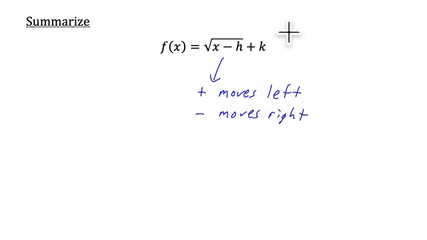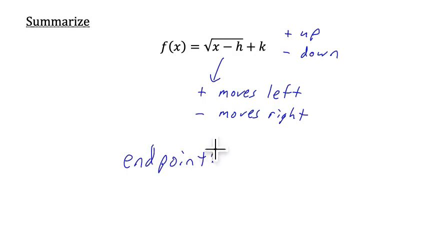The constant afterwards, when that's positive, moves the graph up. And when that constant after the square root sign is negative, it moves the graph down. Now (h, k) tells us our endpoint. Notice the way this recipe is written, I already have the subtraction sign there, so that's taken into account the fact that it's backwards. So our endpoint will be (h, k).